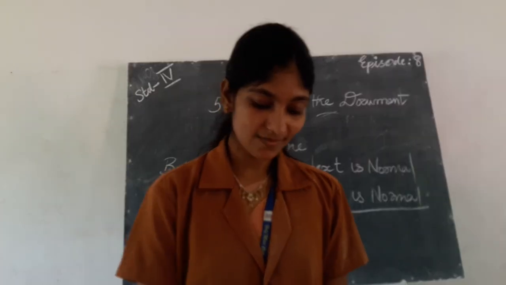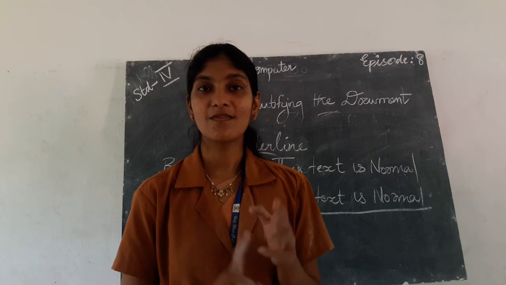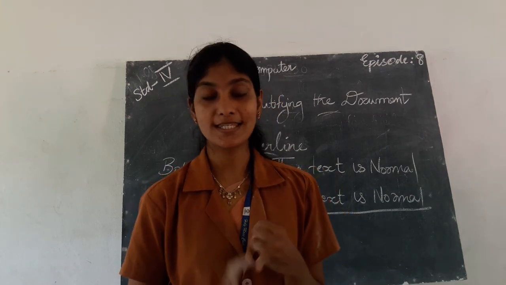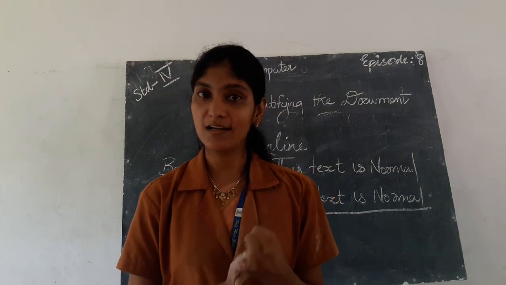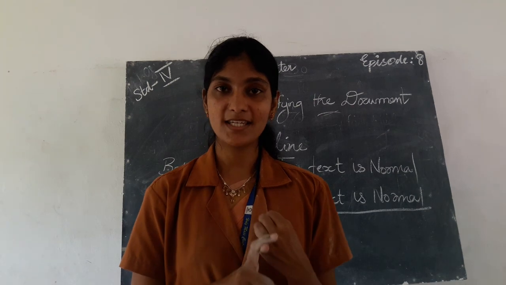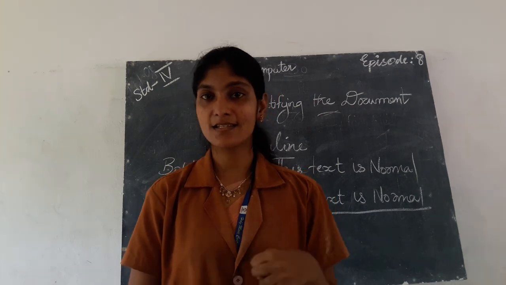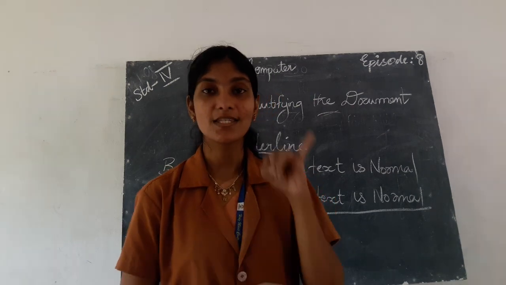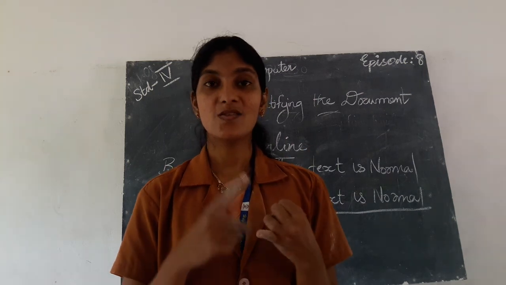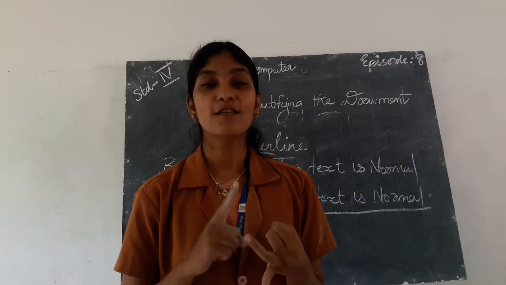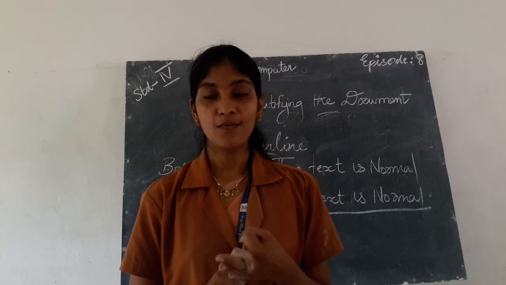So what are the things we have learned today? At first we discussed two types of text: formatted text and unformatted text. Formatting means making a text more attractive by changing elements like font type, font size, and font color.